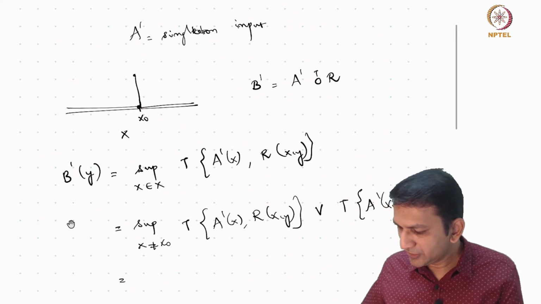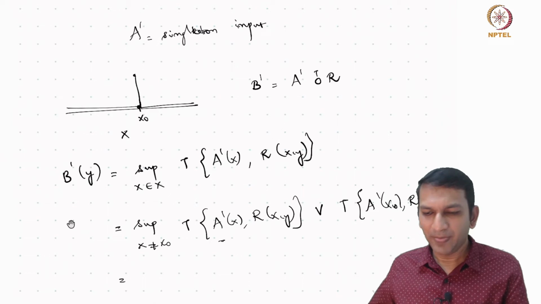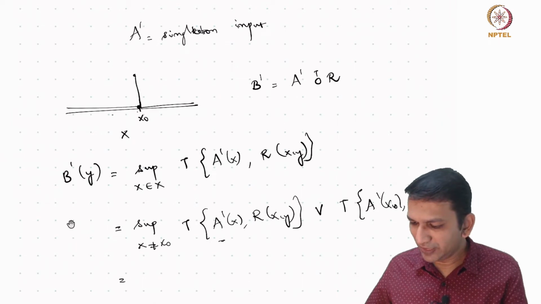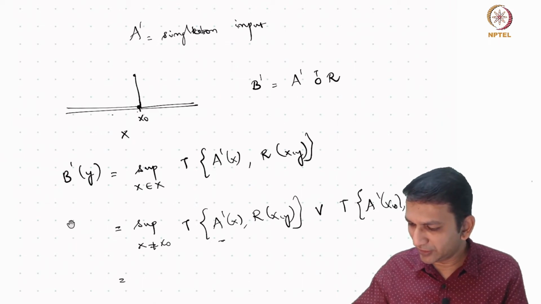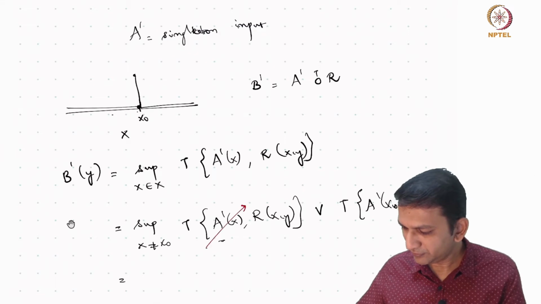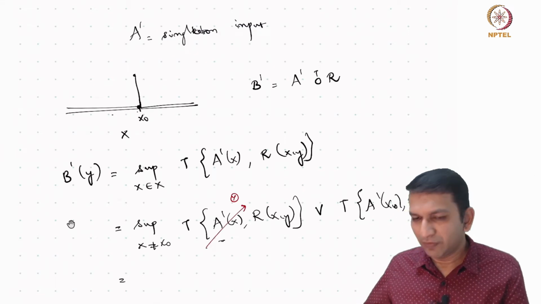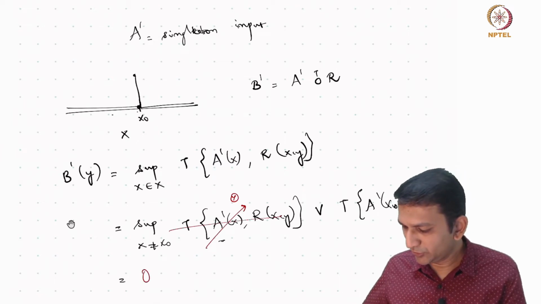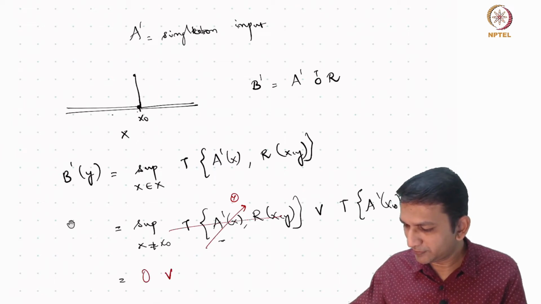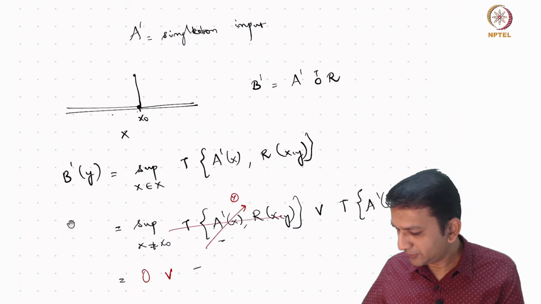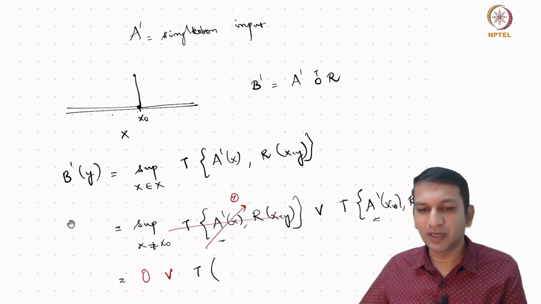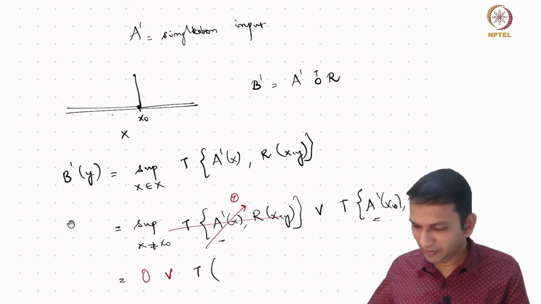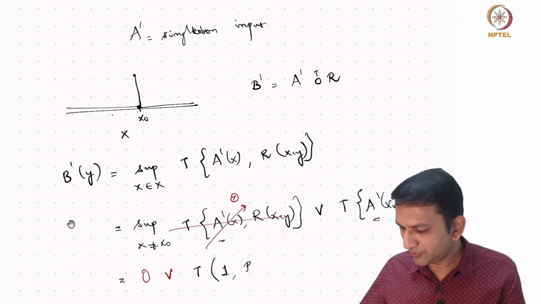Note that A dash is singleton fuzzified. That means outside of x0, when x is not equal to x0, this is in fact 0. And for a T-norm, when one of the arguments is 0, the entire thing becomes 0. So this is 0 joined with T of, when A dash at x0 is in fact 1, comma R of x0, comma y.